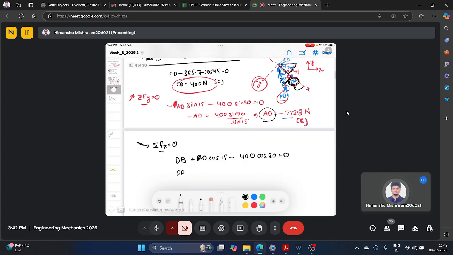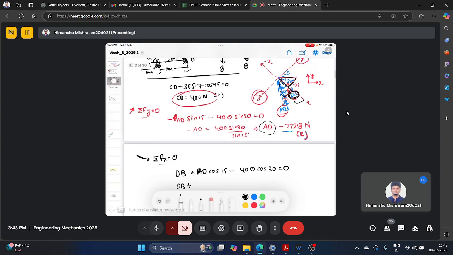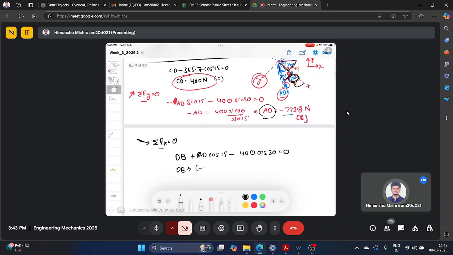So DB plus minus 772.8 cos 15 minus 400 cos 30 equals 0.